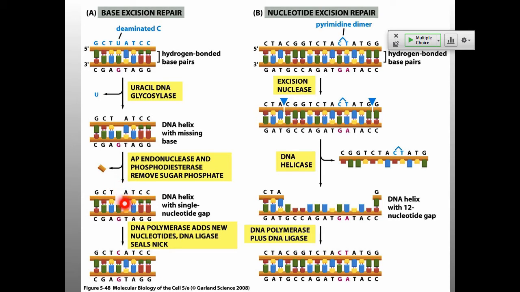So endo cuts in your DNA, exo chews up, in this case, just one nucleotide. Now you have a gap, a 3' OH, a template. DNA polymerase can do its job and fill in this particular single nucleotide that was taken out.